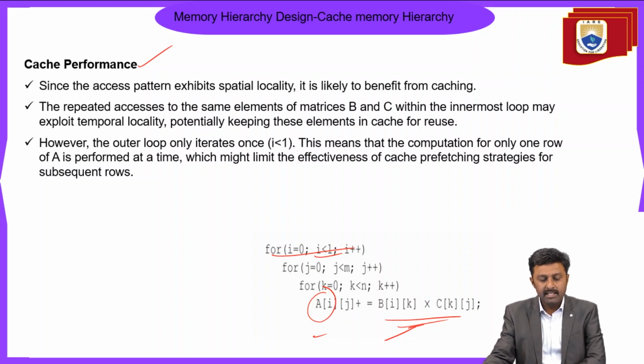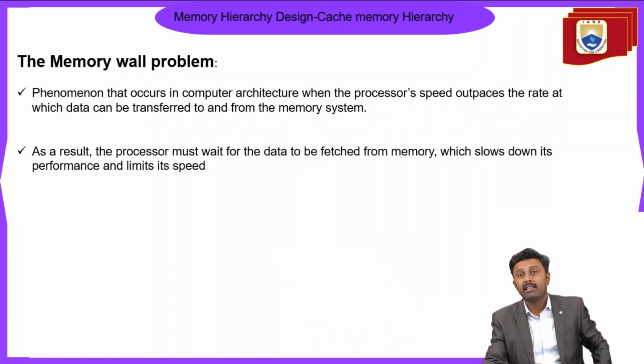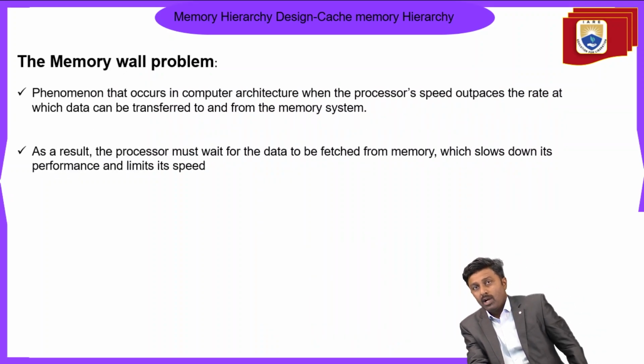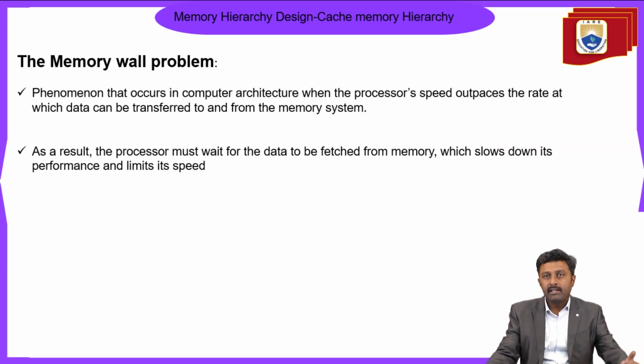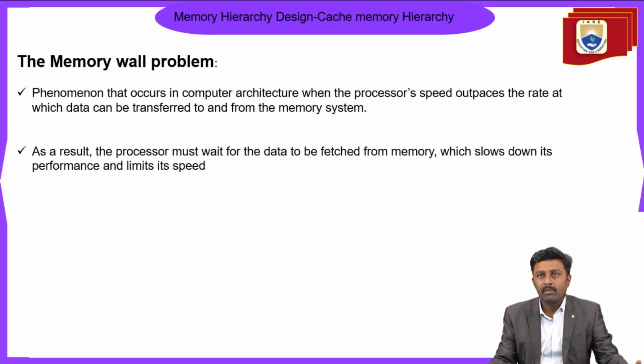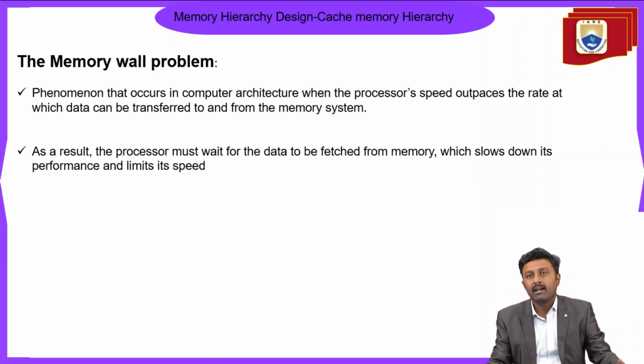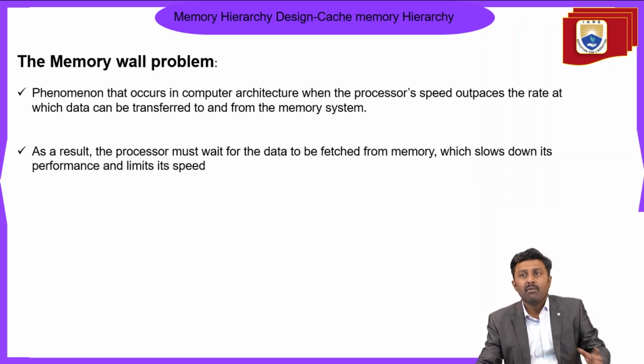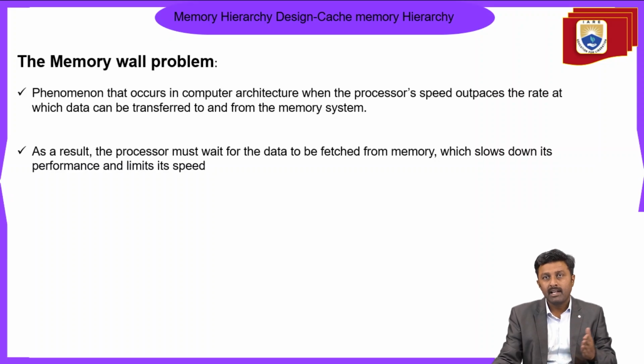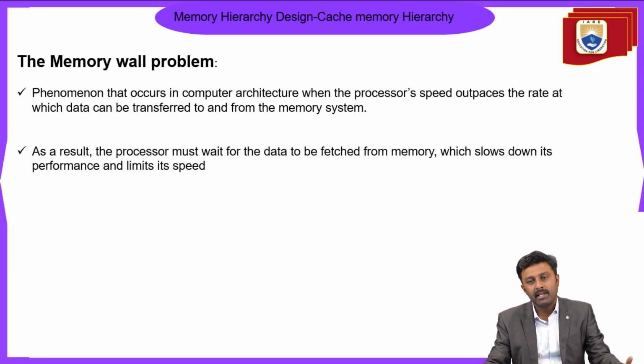After seeing the principle of locality, we'll discuss the memory wall problem. The memory wall problem is a phenomenon that occurs in computer architecture when the processor speed outpaces the rate at which data can be transferred to and from the memory system.